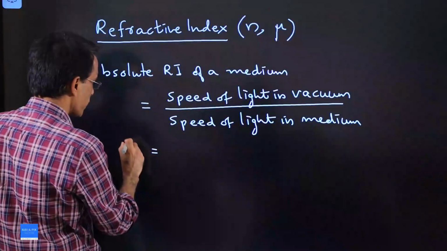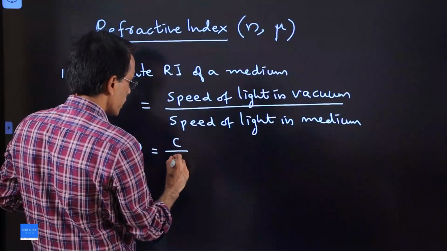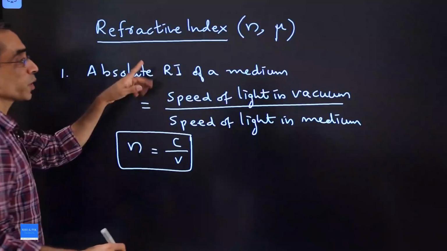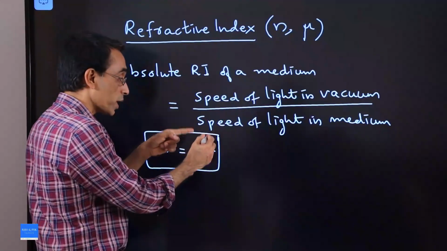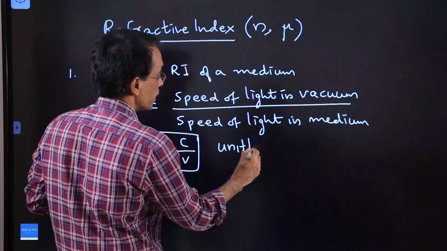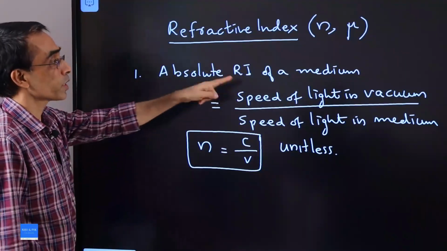This is normally written in equation form: N equals c divided by v, where c is the speed of light. This is the equation for absolute refractive index, and since both are speeds, it is a unitless quantity, with no unit and no dimension. This is absolute refractive index.